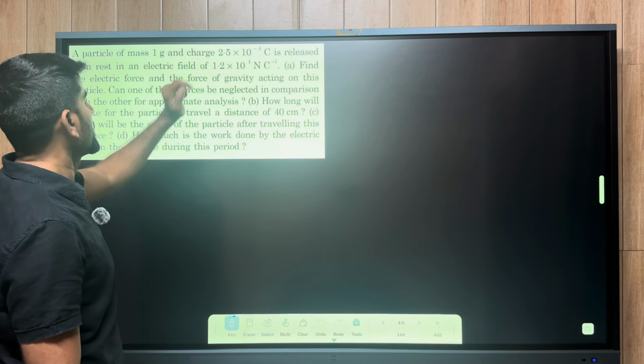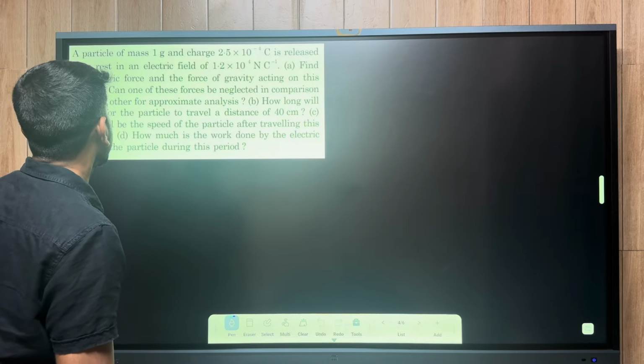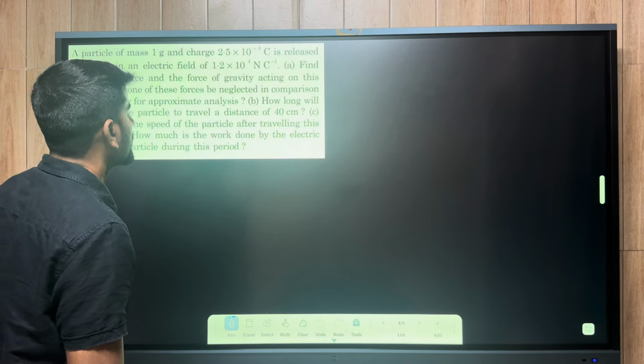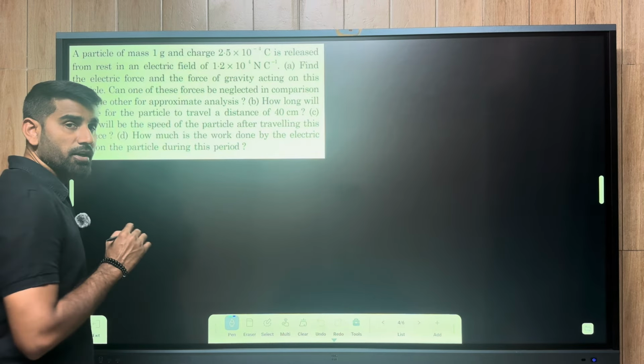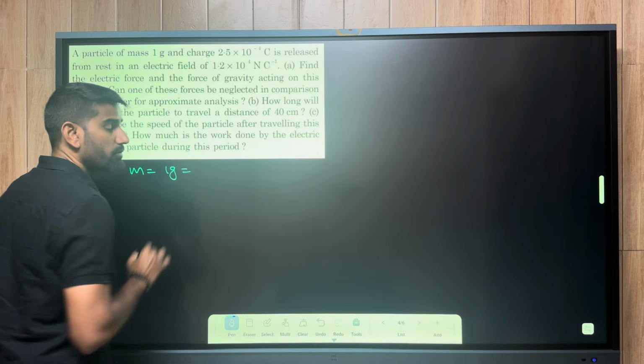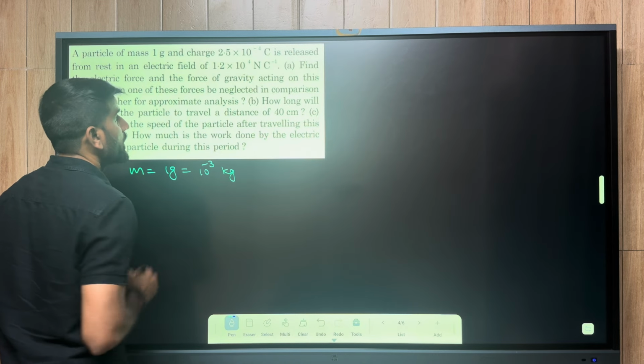A particle of mass 1 gram and charge 2.5 times 10 to the power minus 4 coulomb is released from rest in an electric field of 1.2 times 10 to the power 4 Newton per coulomb. See the quantities that are given. Mass of the particle is 1 gram, which can be converted into kg, that is 10 to the minus 3 kg.